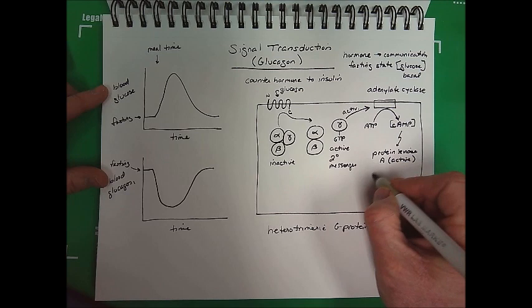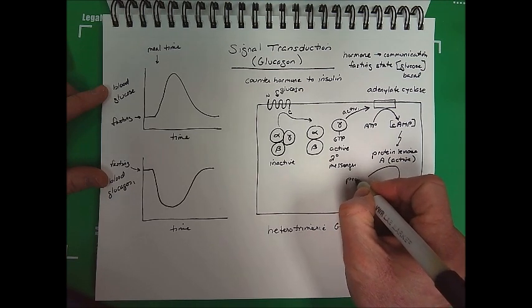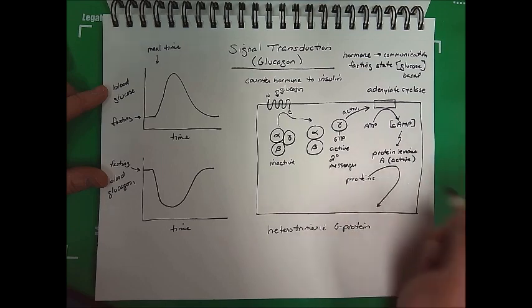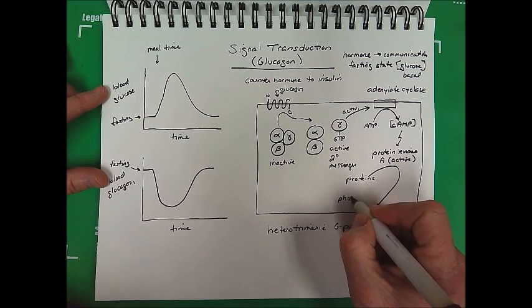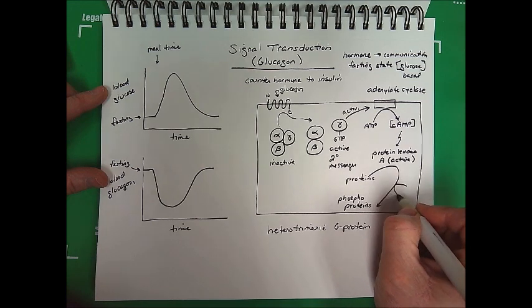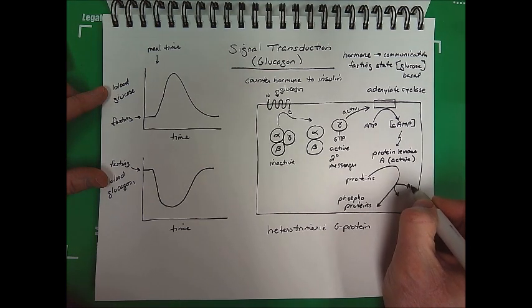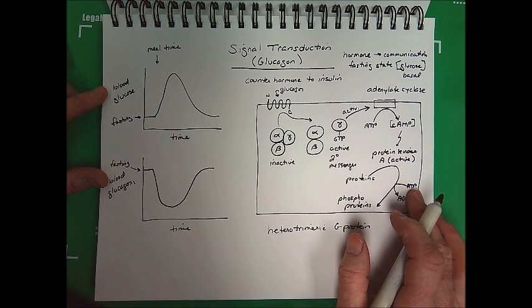Now the job of the activated protein kinase A is to take a number of proteins inside the cell it specifically recognizes and make them phosphoproteins. Of course, being a kinase, it's going to do this by using ATP as the phosphate donor and energy.